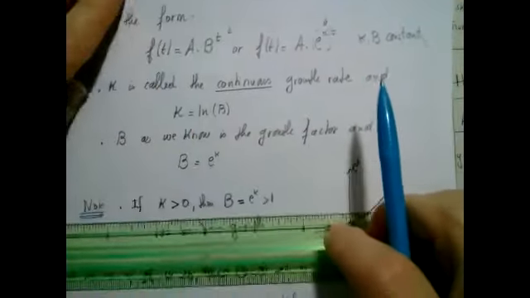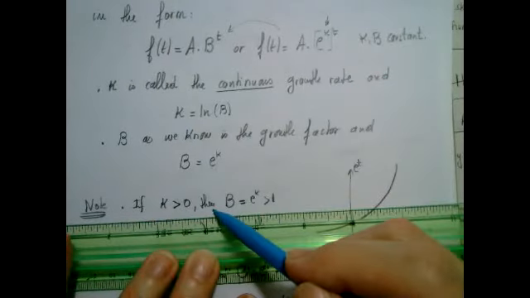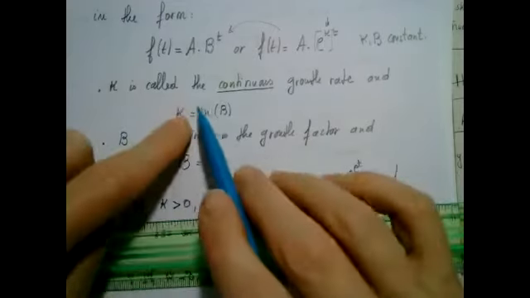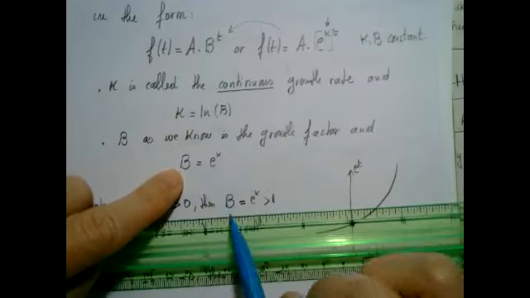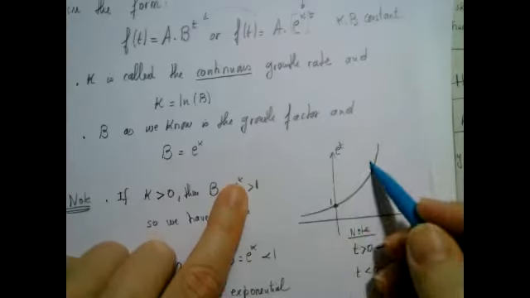Here is the idea. If this k is a positive number, like 0.01, 0.03, a positive number, then the b, so this is the exponential function in general. That's how the exponential works.